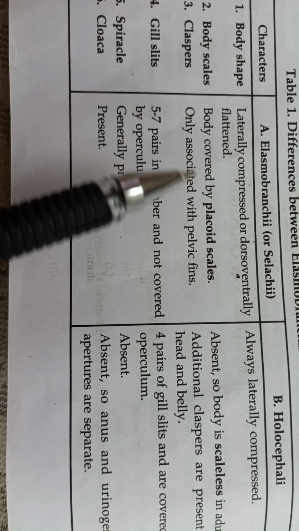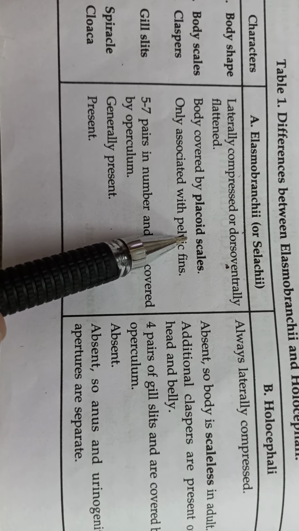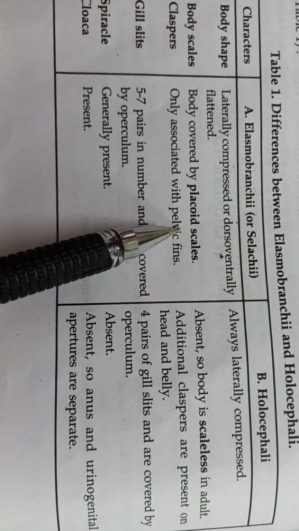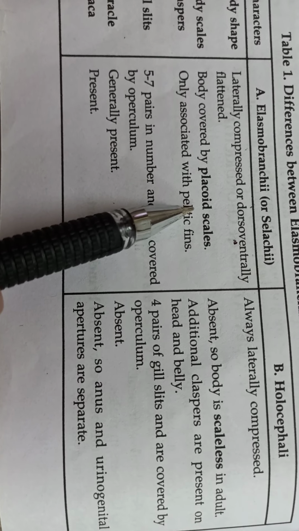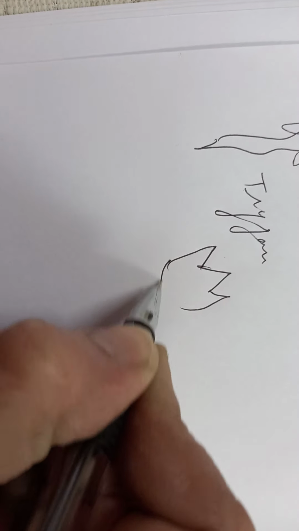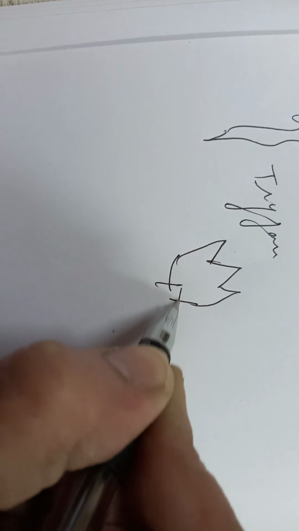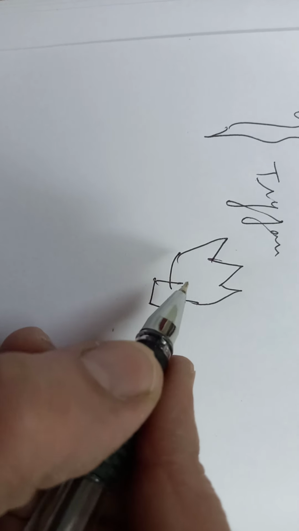Now coming to the body scales, the body is covered by placoid scales. This also I have talked about in length: in Scoliodon type of fishes, the body is covered by small scales. We call them placoid scales, which have this type of structure. They have almost a crown like structure with a rhomboidal plate on the lower side. So they are very small, microscopic.